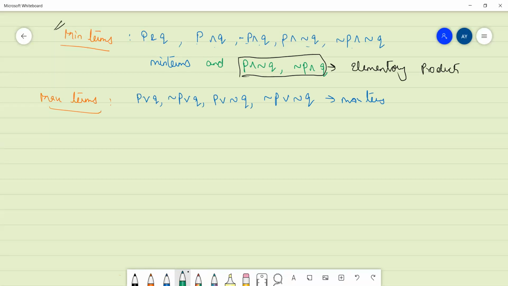And in the same way, you will have P or negation Q and negation P or Q. What are these termed as?